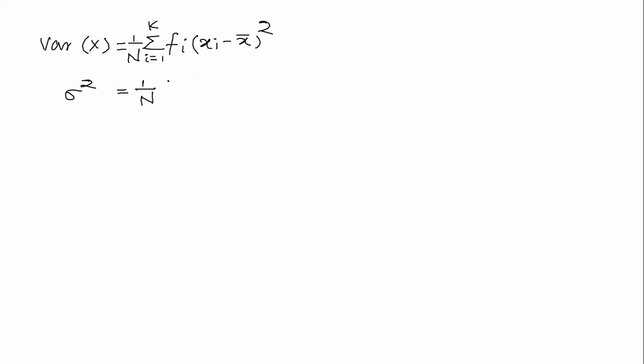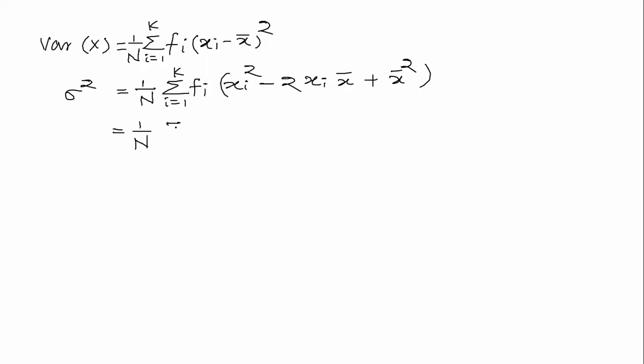So 1 upon capital N summation i from 1 to k fi times xi square minus twice xi into x bar plus x bar to the power 2 is equal to 1 upon N summation fi into xi to the power 2.